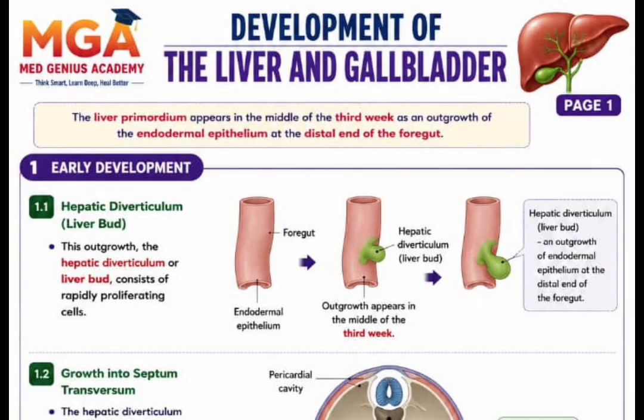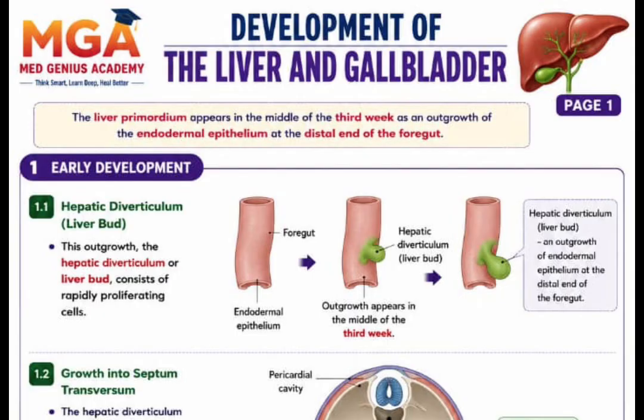In that junction between the foregut and the midgut, there's an outgrowth that forms a pocket, and that pocket is called the liver diverticulum, or the hepatic diverticulum, or the liver bud.